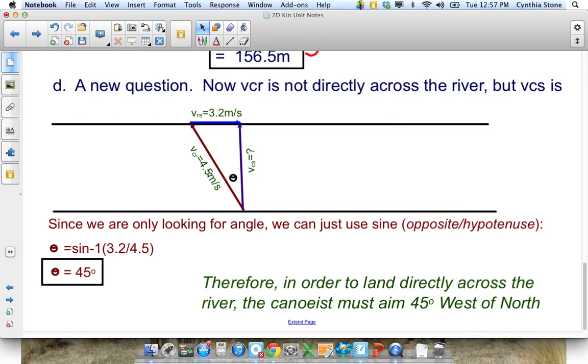So we know this is 4.5, and we know that 3.2 is still the same. So you can use sine in this case, because this is opposite and this is the hypotenuse. So in other words, she's got to aim 45 degrees, and in this case it'd be west of north.